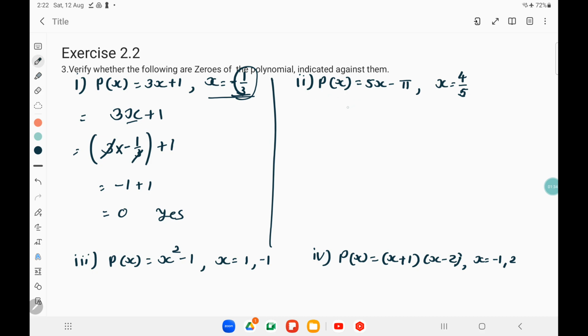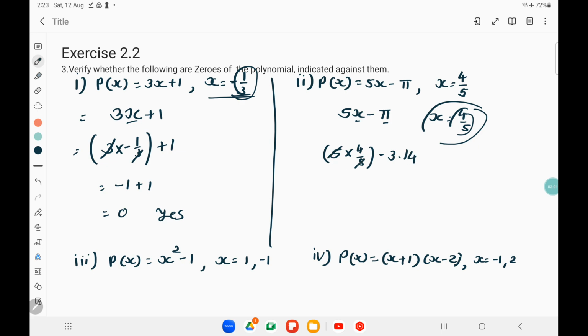The polynomial is 5x minus pi, and the value of x given is 4 over 5. So what is the pi value? First let's replace x by this value, 4 over 5. So 5 times 4 over 5, take away pi, and we replace pi by the value we know, 3.14, right?